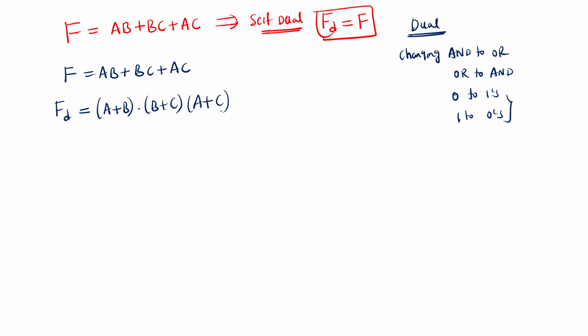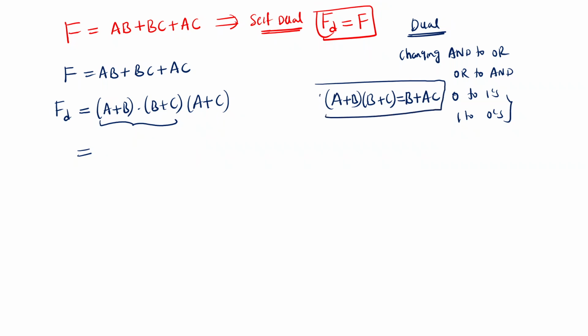Here I can apply the distributive law. What is the distributive law? For (A or B) and (B or C), I can write B is common, so B or AC.